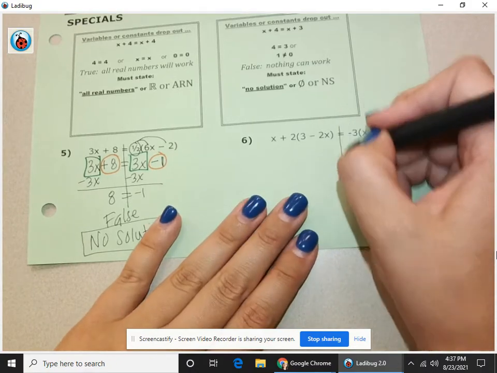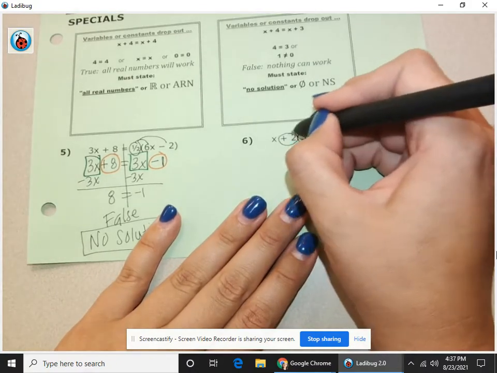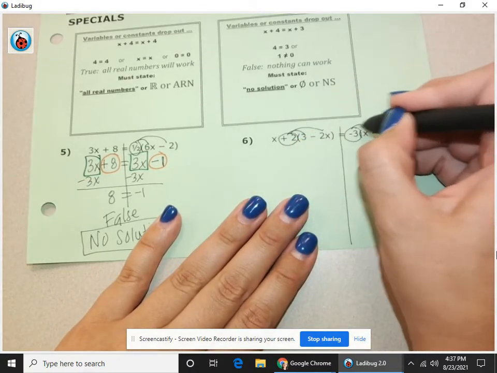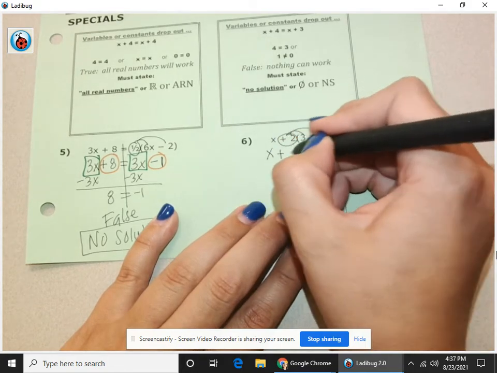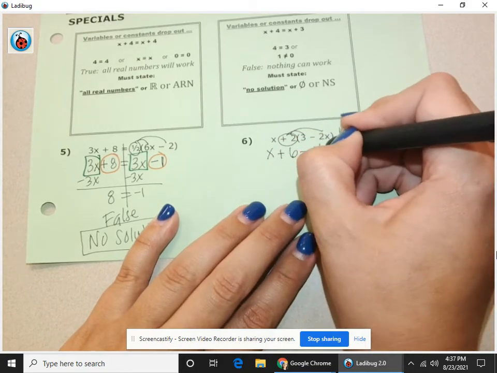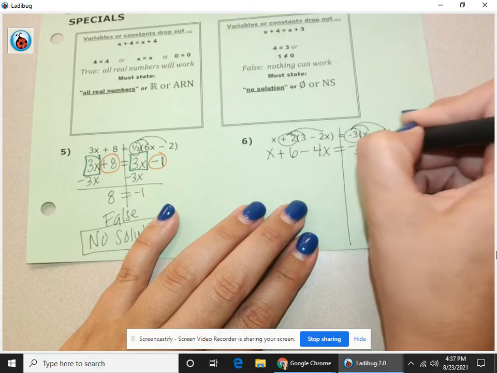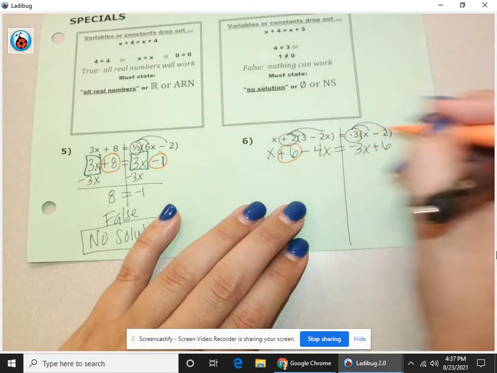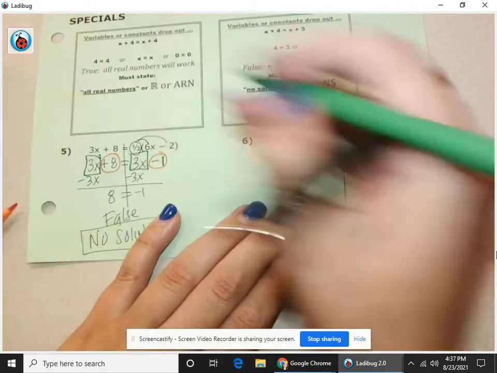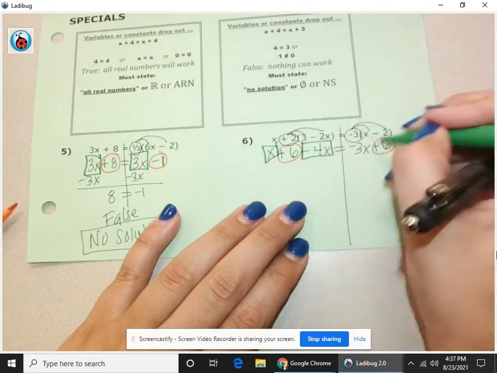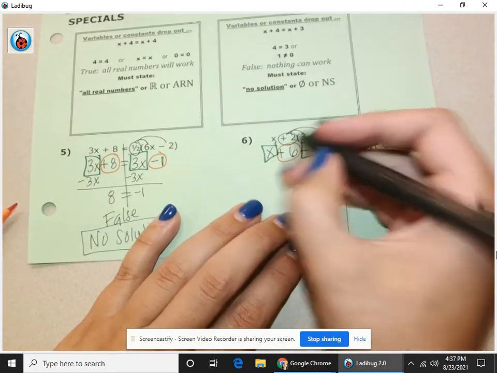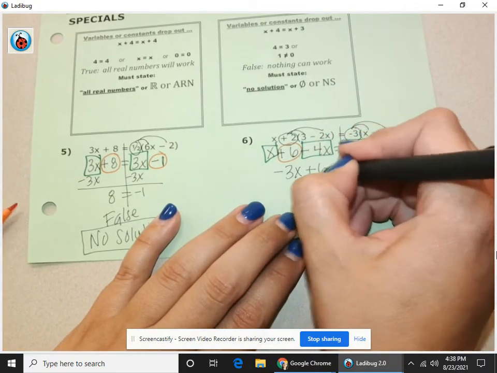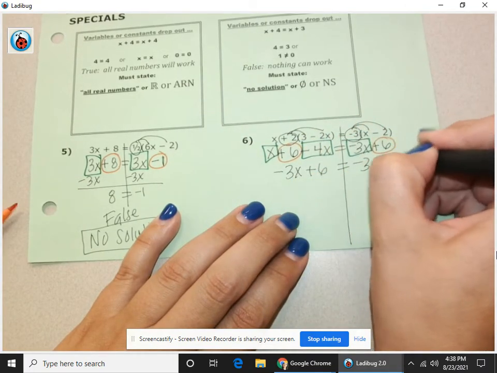When I look at number 6, I need to distribute both of them. So I get x plus 6 minus 4x equals negative 3x plus 6. I'm going to look at my like terms and combine them to get negative 3x plus 6 equals negative 3x plus 6.